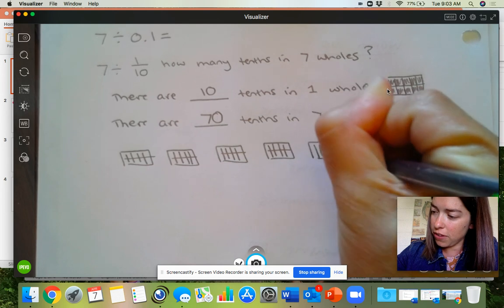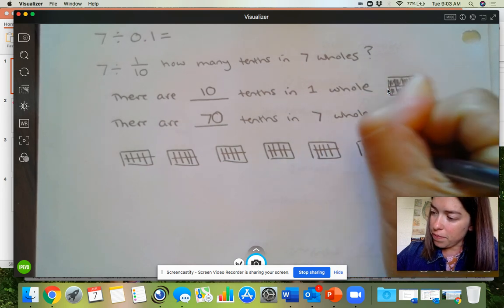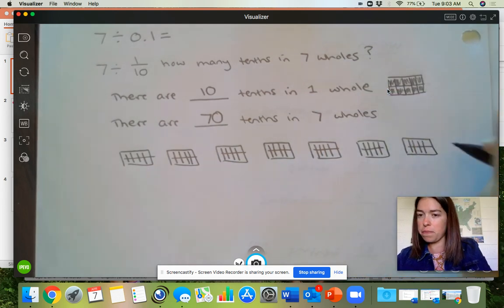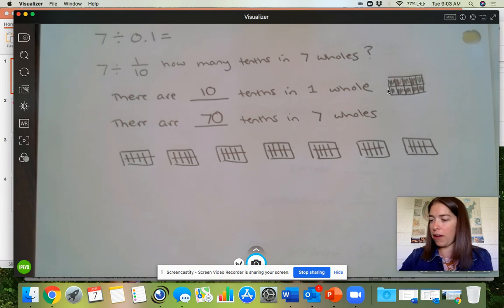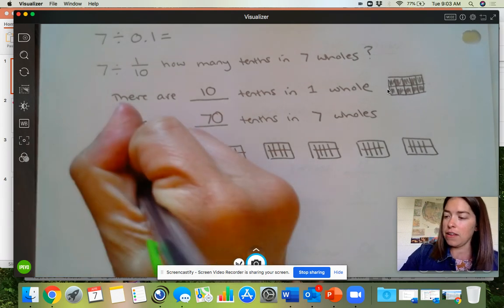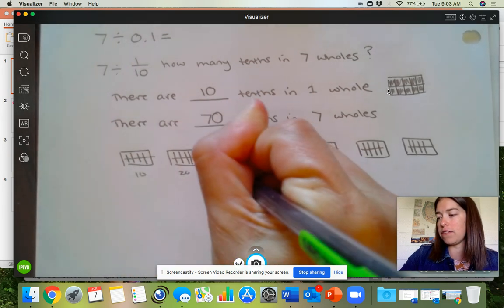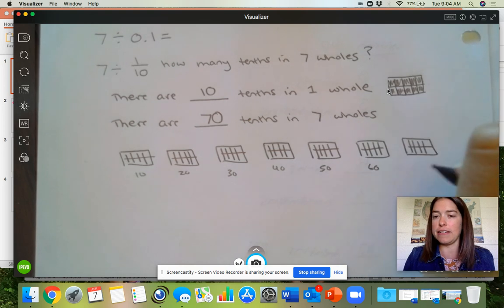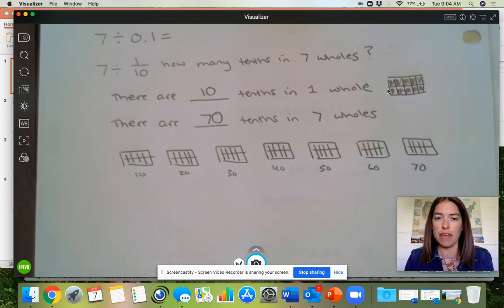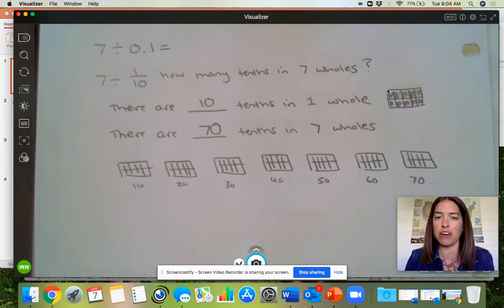It's hard for me to fit 10 all in a row. All right, so now I have all 7 of my wholes broken into tenths. I don't need to count by ones. I can count by tens. We have 10, 20, 30, 40, 50, 60, and 70. All right, so I did prove that there are 70 tenths in 7 wholes.